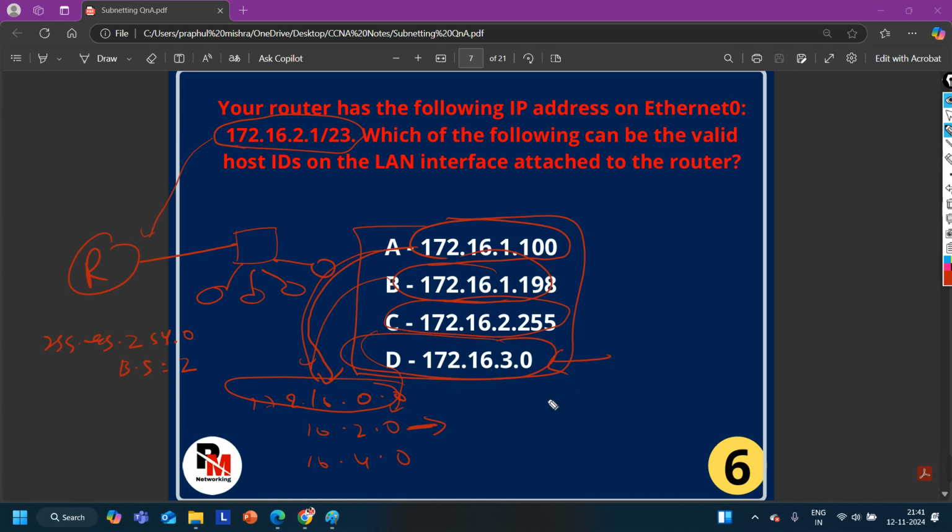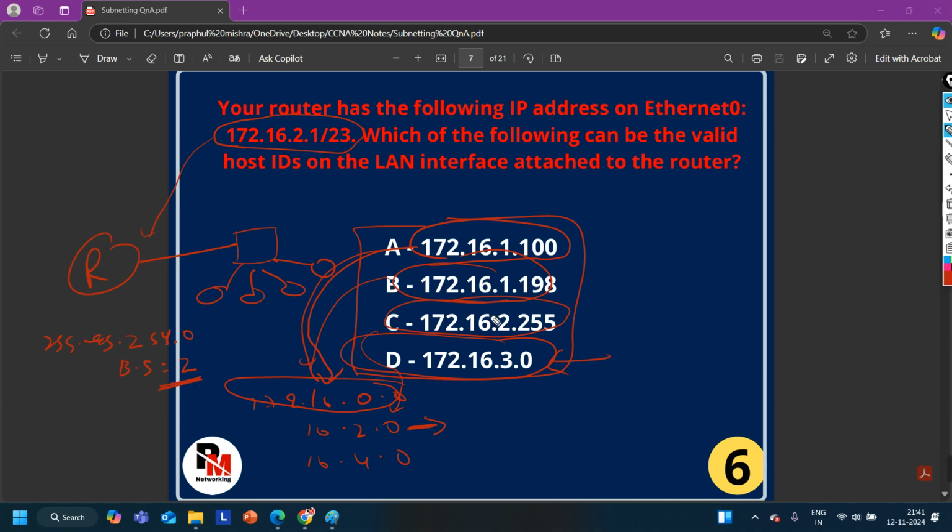Is D option correct? No, no, sir. Why no? C and D both are correct, because we are having only two networks, right? The block size is 2. So 3 will not be correct, right?